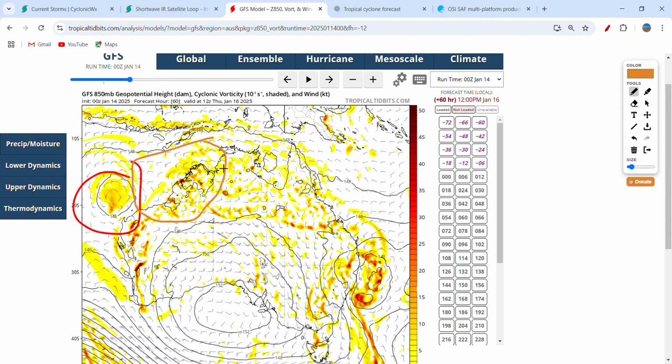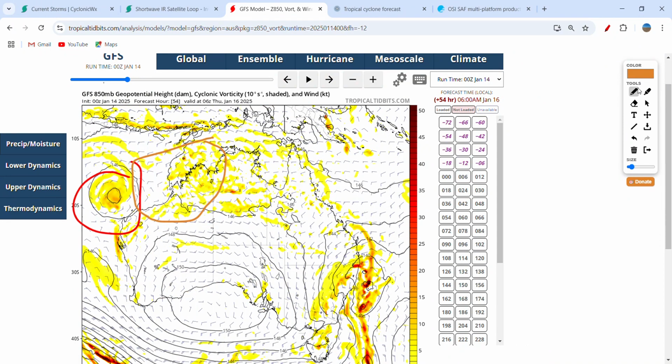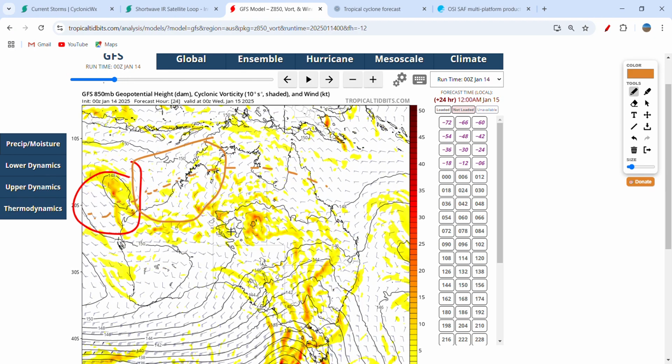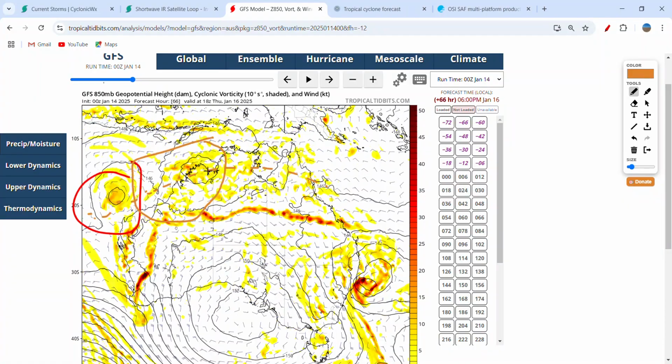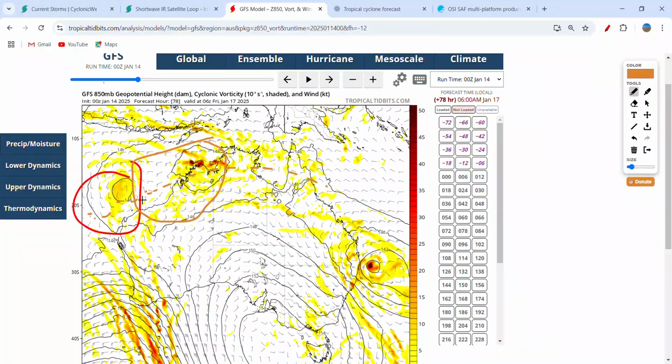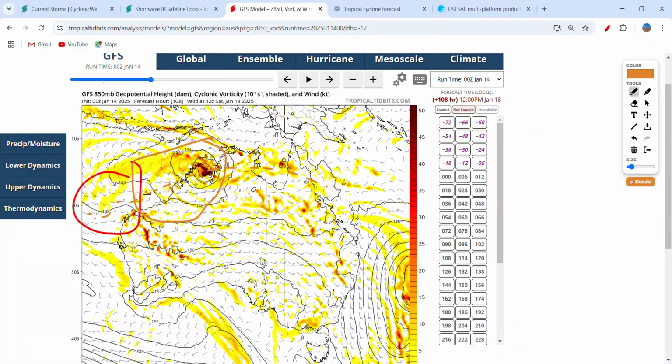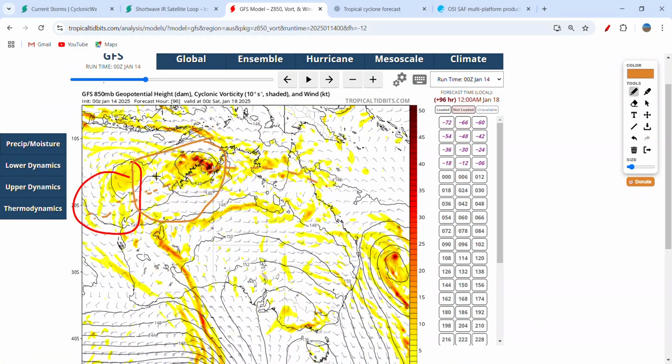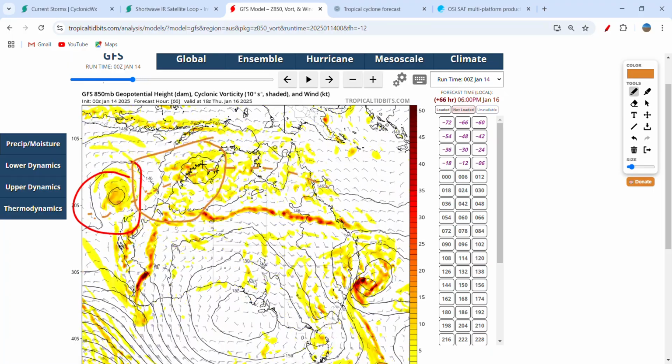We see that within the broad monsoon trough that we see here, a secondary low develops, and because this low is not strong enough and appears to be quite weak and diffuse, it ends up being absorbed into a developing system here.